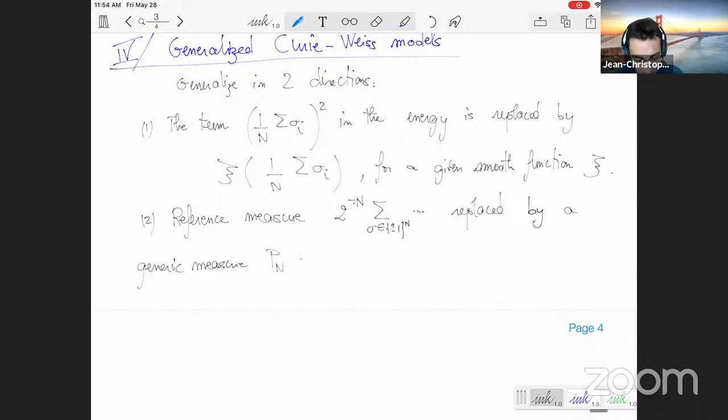So really this expression 2 to the minus n sum over sigma, I'm going to replace by integral of blah blah blah dPn of sigma.